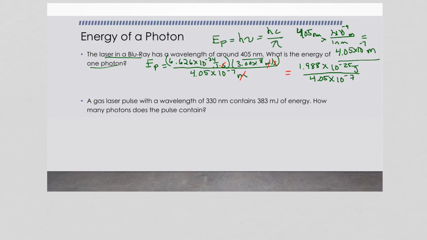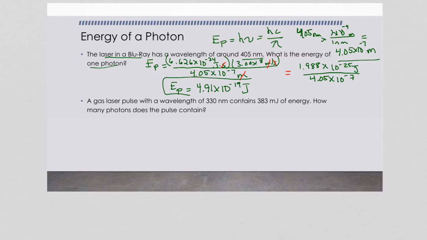I've already canceled my units. And if we do that, we get that the energy of a single photon is equal to 4.91 times 10 to the minus 19 joules.